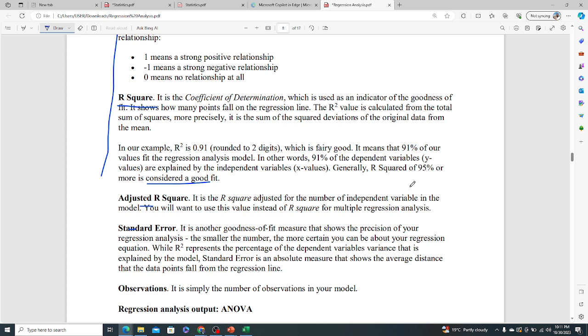If it is less than, let's say, 80%, you'll have to find another independent variable, or you'll have to check your data points.